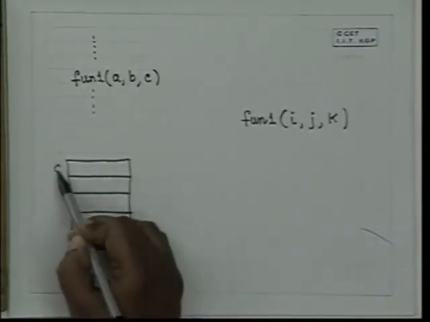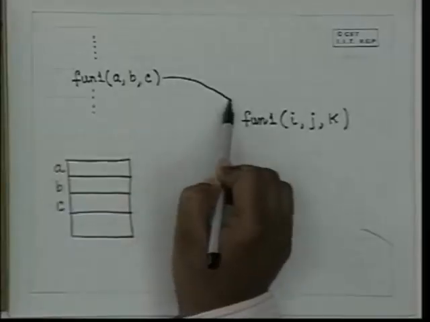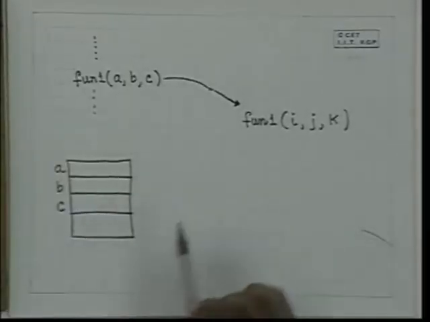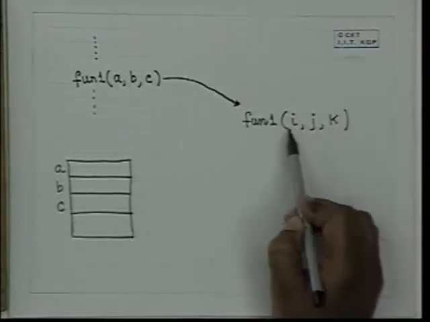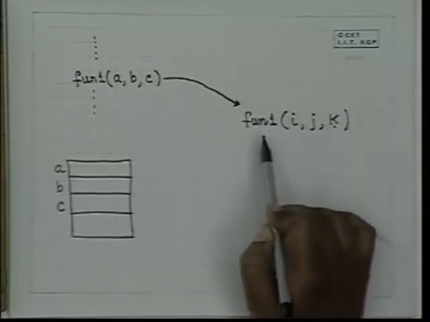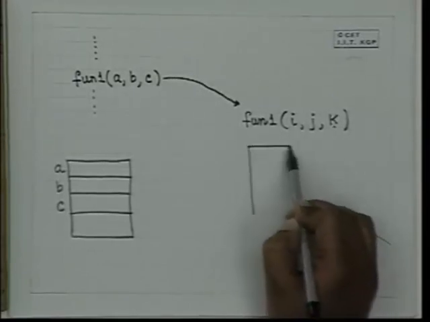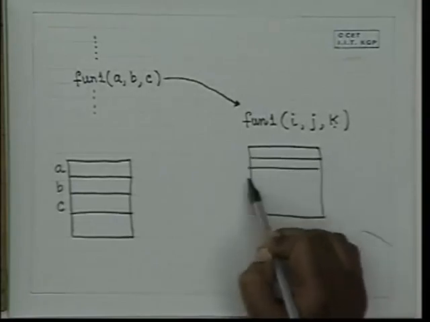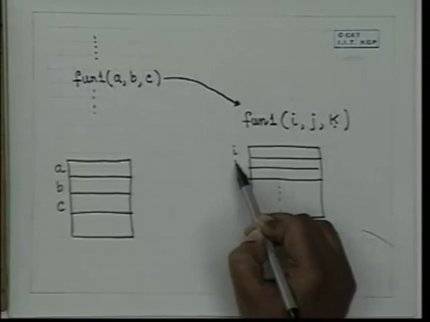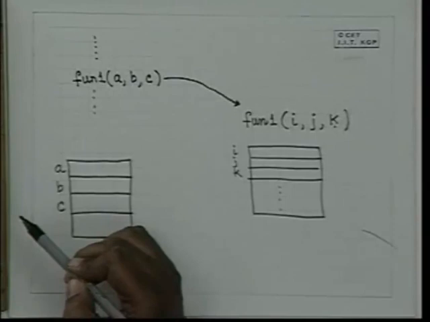So schematically let us say A, B and C. Now when this function is called, a new data segment for this function is set up. The variables, the arguments, as well as the local variables of this function are allocated certain amount of memory, of which other than the local variables I, j and k are also allocated some memory locations.